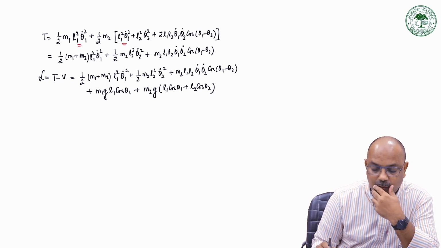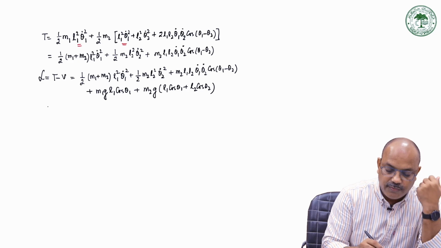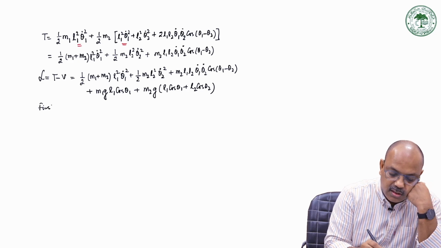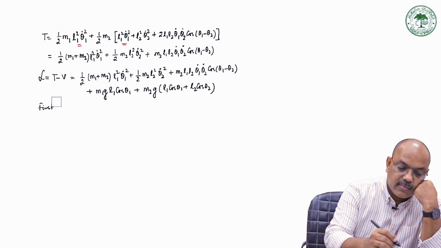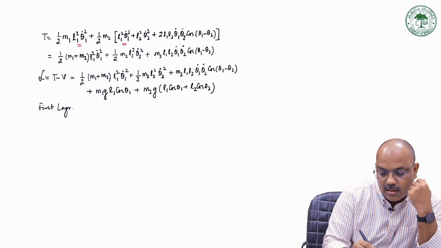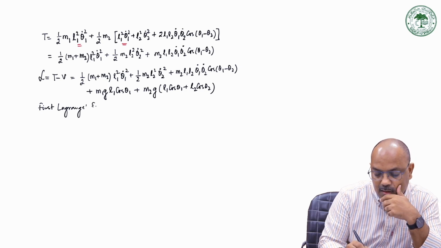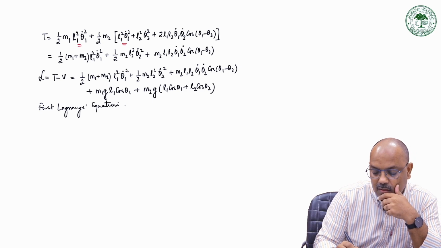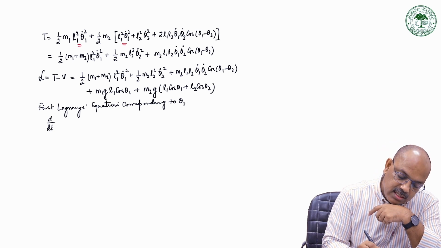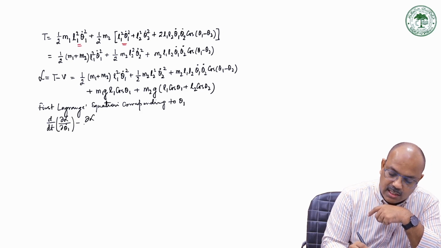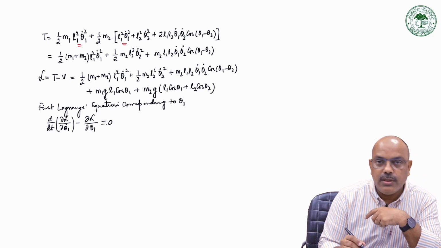I'm going to have two equations of motion. So the first Lagrange equation, corresponding to the theta 1 generalized coordinate: you are going to have d/dt of (delta L by delta theta 1 dot) minus delta L by delta theta 1 equal to 0.